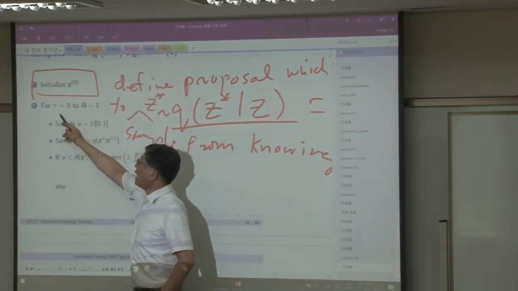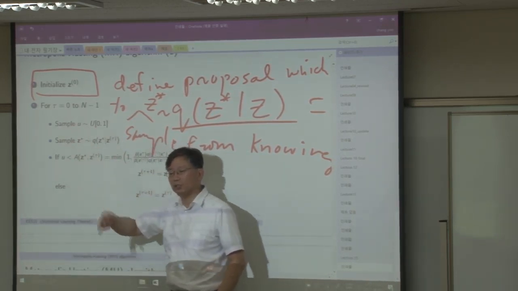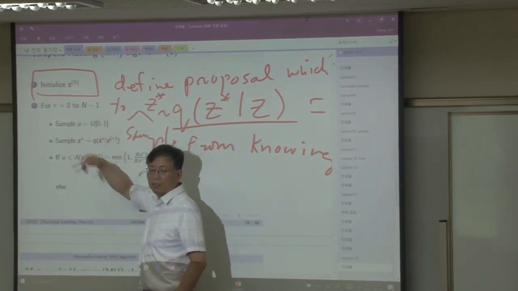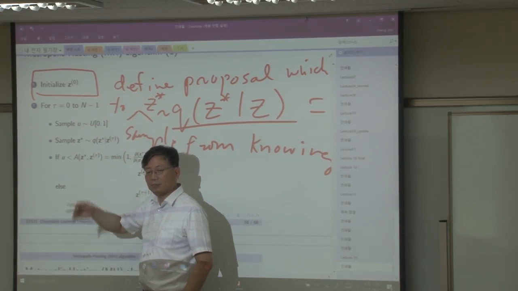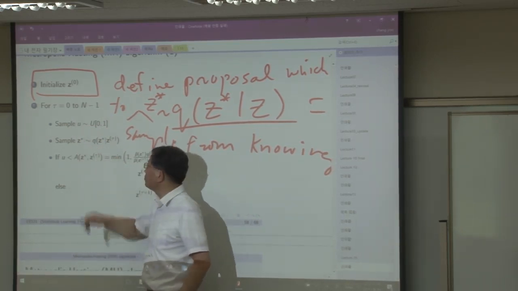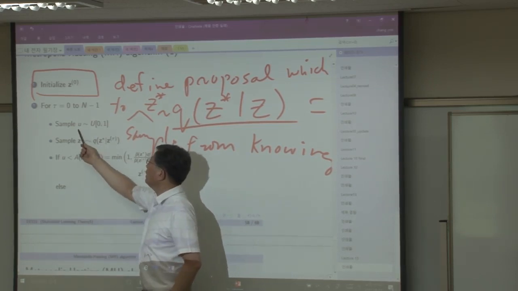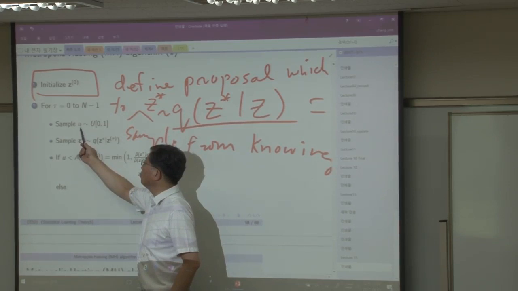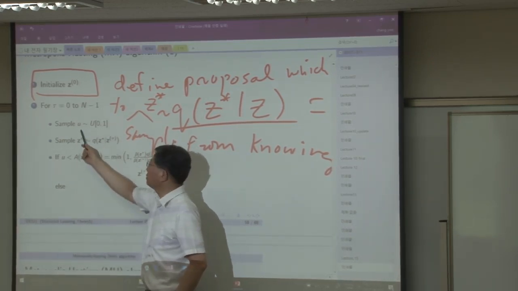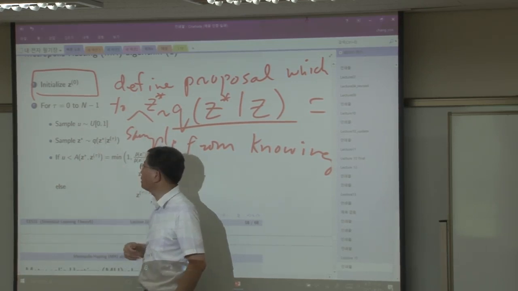Tau here represents iteration, and I'm picking n samples. Here you do two samplings. One, I call the sample U, which is between 0 and 1, uniform sampling.